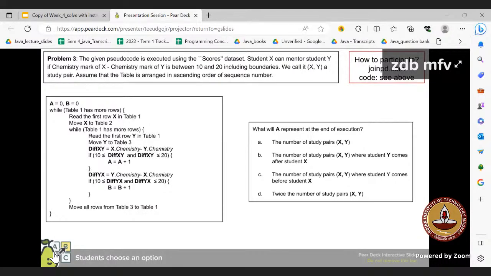That means chemistry marks of x must be greater than chemistry marks of y. Yes, ma'am. So if we were asked to find the value of B, then C would have been the option, no, ma'am?